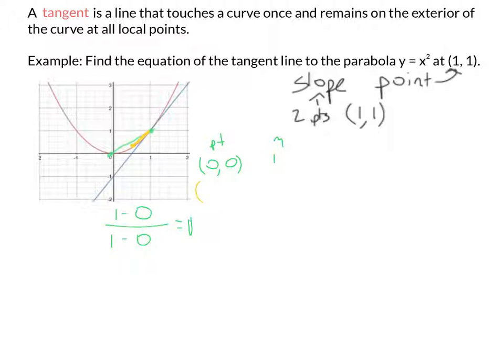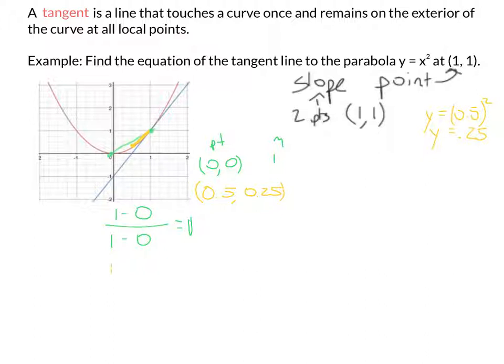And so 0.5, comma, well, what's the y value at 0.5? Well, I have to do y equals 0.5 squared, and my y value is, well, 5 squared is 25, so 0.5 squared is 0.25. So 0.5, comma 0.25.